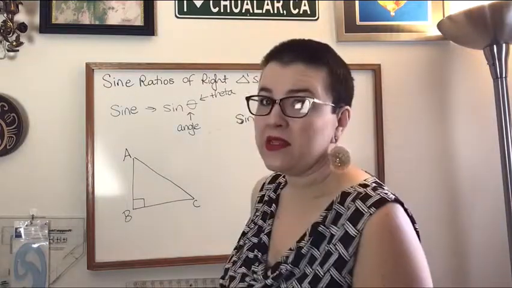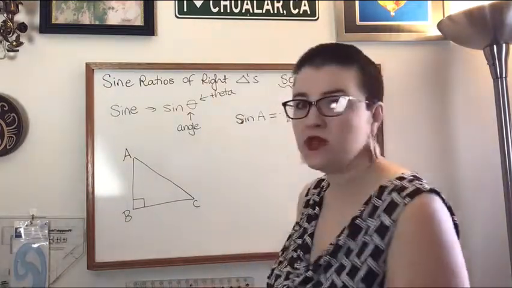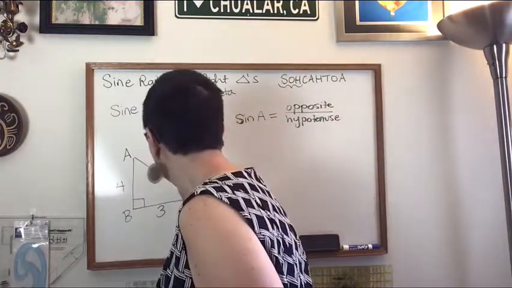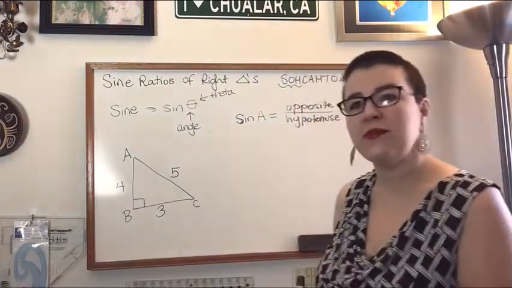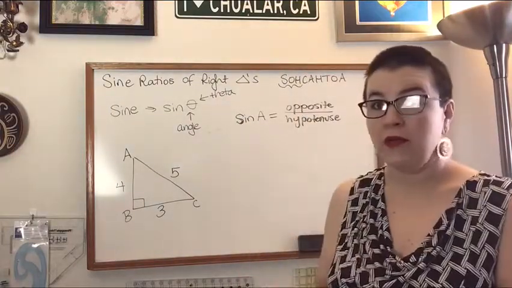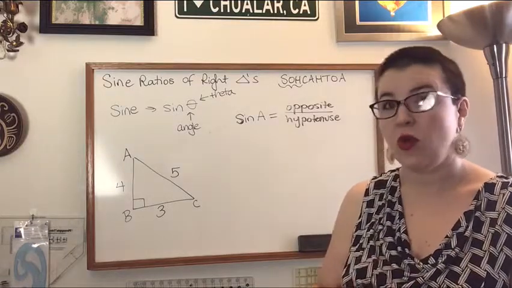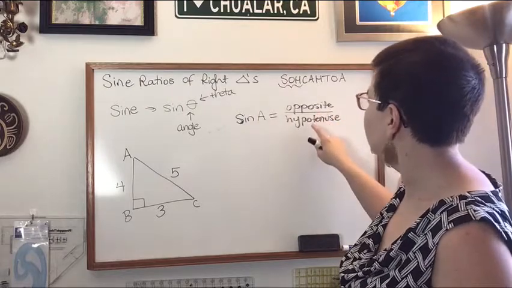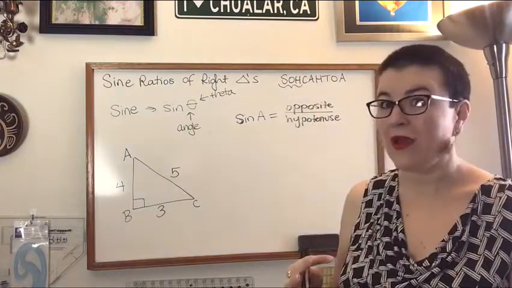They should work out nicely with the Pythagorean theorem, so I'm going to use a really basic Pythagorean triple. So I have 3 side measures that measure 3, 4, and 5. Now, all we're doing is setting up a fraction. I want to pick an angle, and then compare its opposite over its hypotenuse.